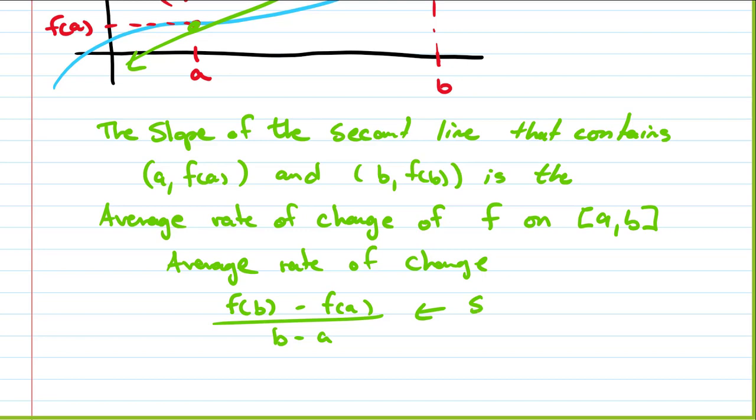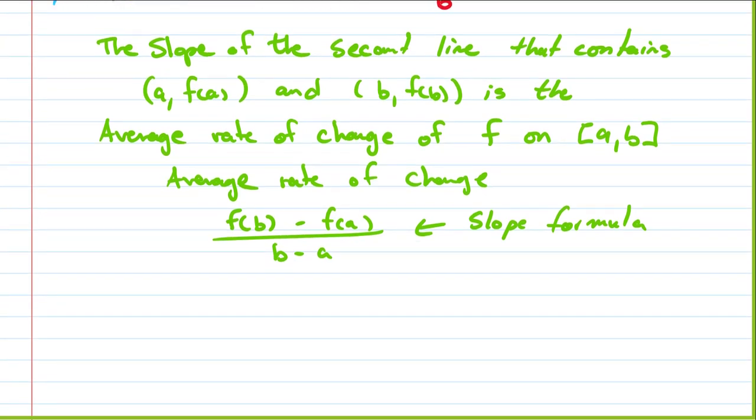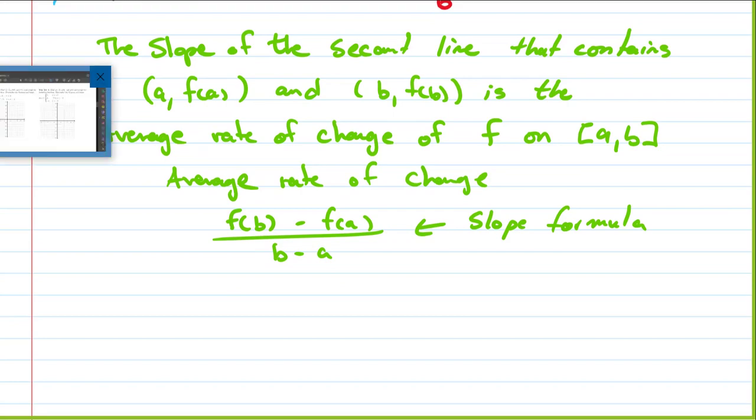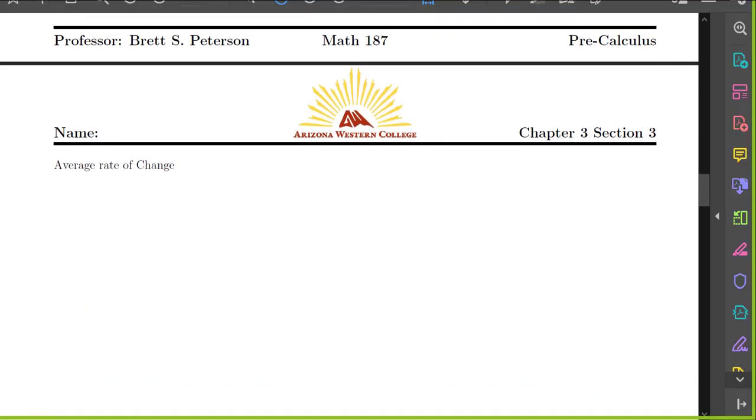And that's really just the slope formula. So no matter what the function looks like, you can find 2 points on that function, and you can find the slope of the line that contains those 2 points.